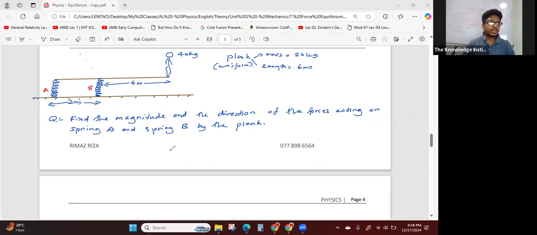Okay, so that's the question. You have to find the magnitude and the direction of the force acting on spring A and spring B by the plank.